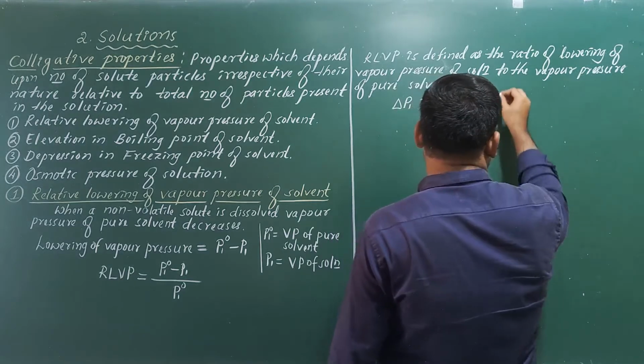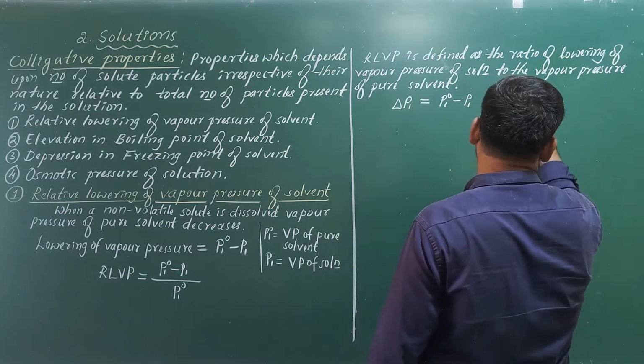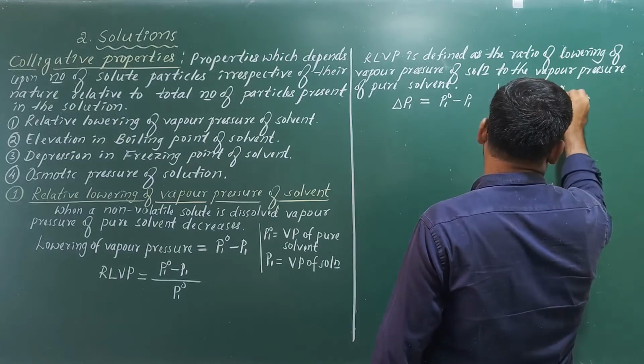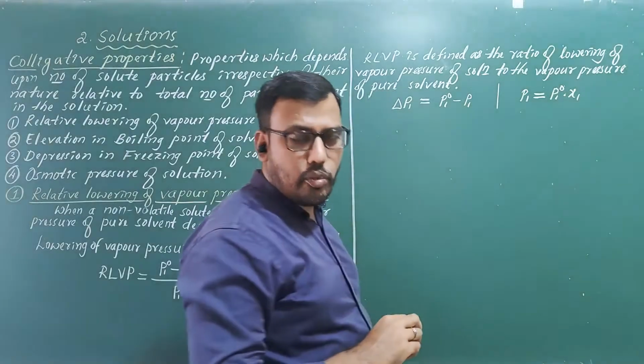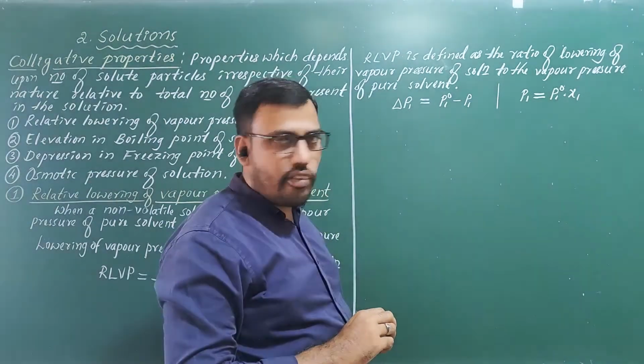Now let us apply our Raoult's law. According to Raoult's law, P1 is equal to P1 naught into x1.